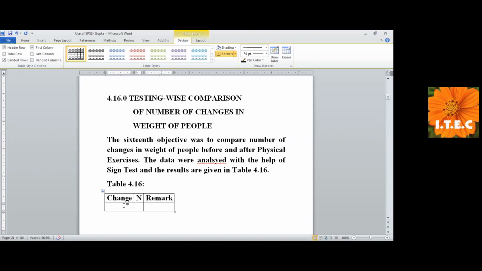So here change is positive, another is negative. In the positive it is 0, and in the negative it is 16. And remark is that p value is 0.01.